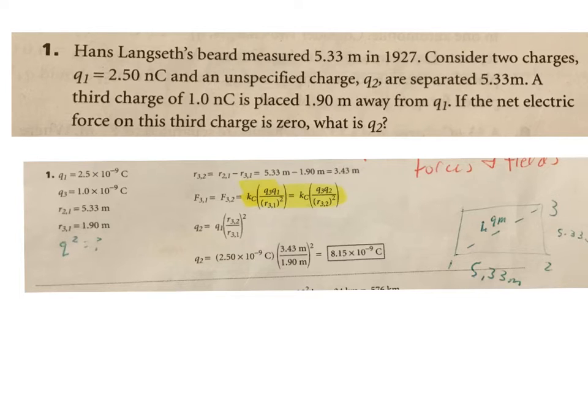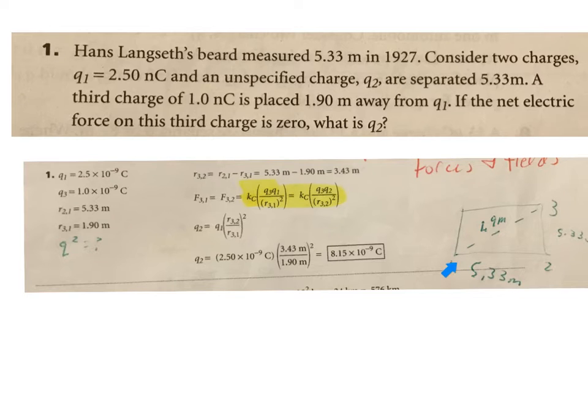Alright, we're going to start off with the formula I showed you on the previous slide, and then we're going to simplify it down by canceling units out. We have Q1, Q3, and Q2 is our unknown. Our r31 is 1.9, our r21 is 5.3.